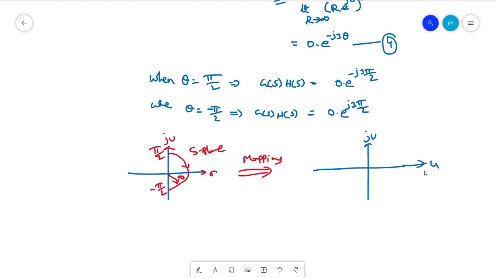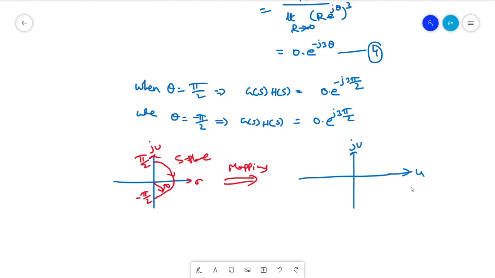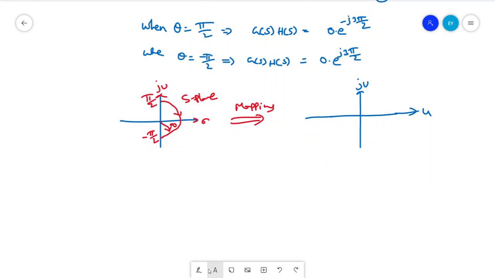Right, from here minus 2 pi by 2 means 0. See, this is 0, minus 90, minus 180, minus 270. So it is actually starting at minus 270, but actually the radius will be 0. Just to show it, I will be drawing beyond the 0. So it will start at this point, and how will it travel?